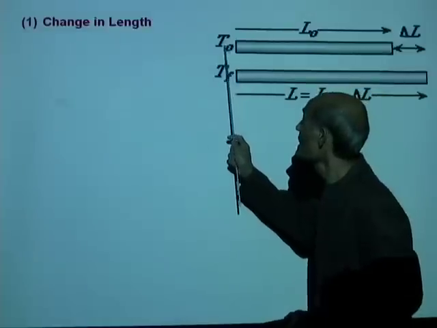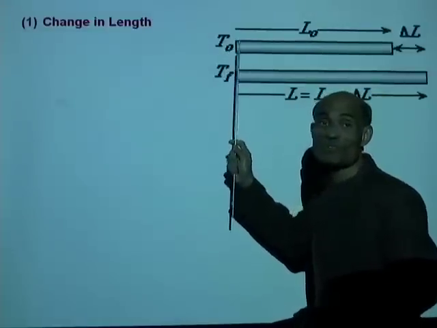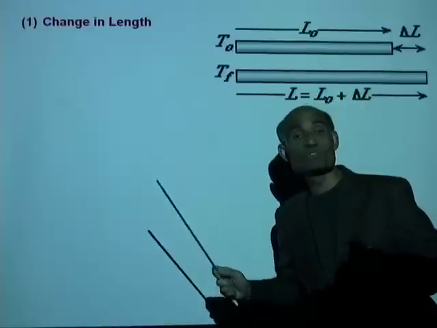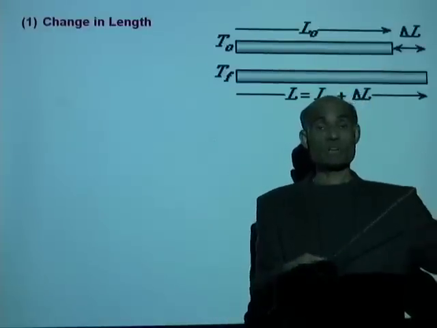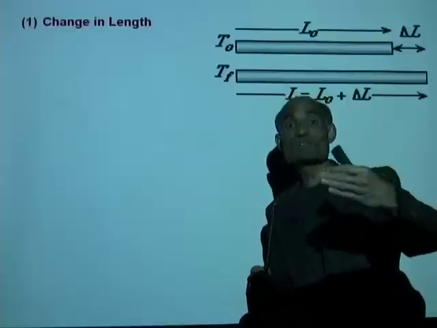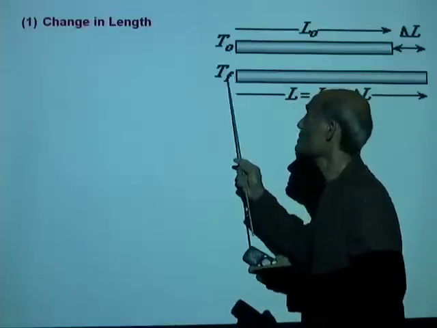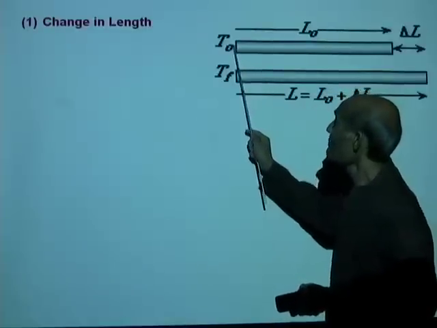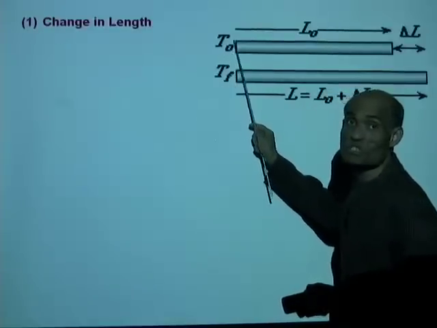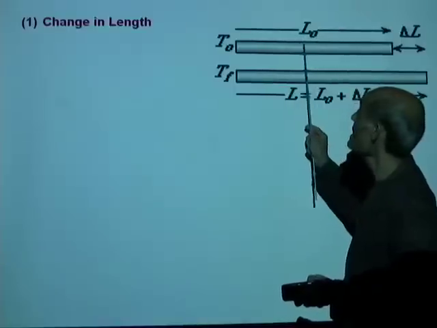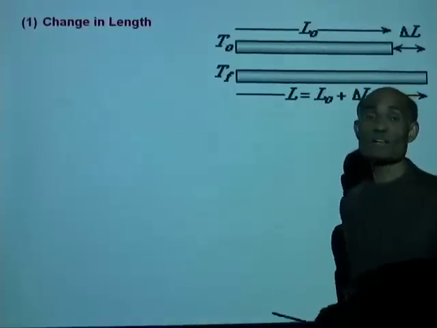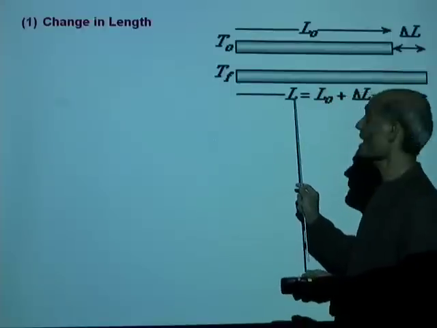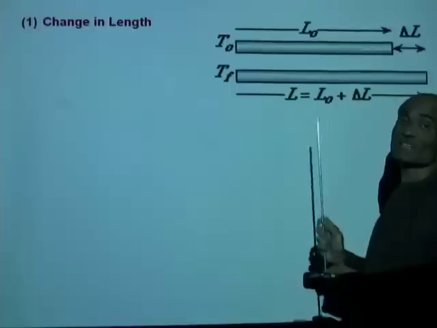In future, in place of T0, we will use T1, and for TF, we will use T2. Temperature increases from T1 to T2, or T0 to TF. So the length of the rod at the temperature T0 is L0, and its length at a temperature TF is L0 plus delta L.